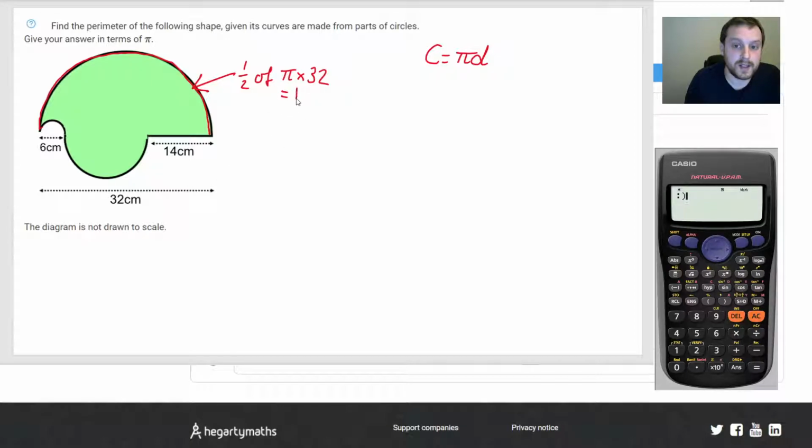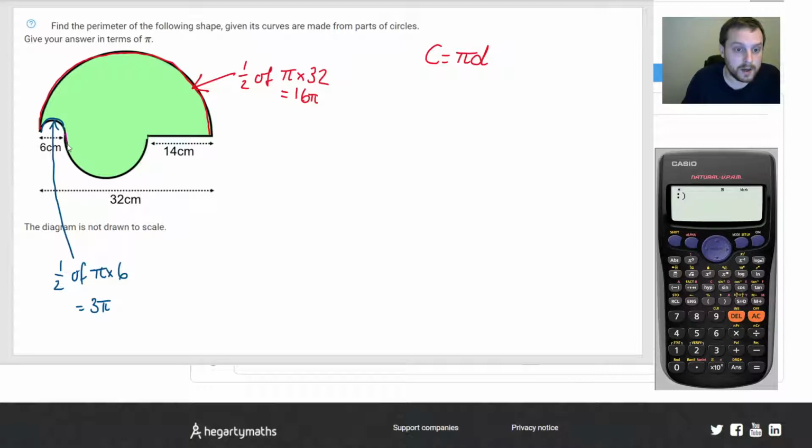So I guess that's 16 pi. 32 pi halved is 16 pi. Then this part, if I do it with different colors as well, you know I like to use different colors. This part here is, again, half a circumference, but for a different size circle. It's a half of pi times 6, which is 3 pi. So that's that part.